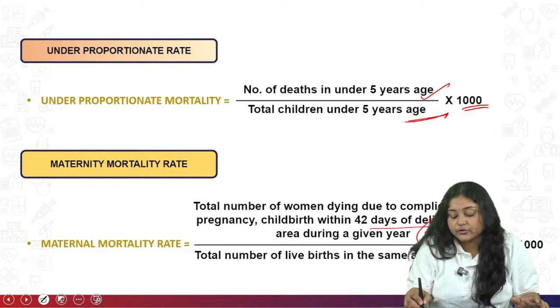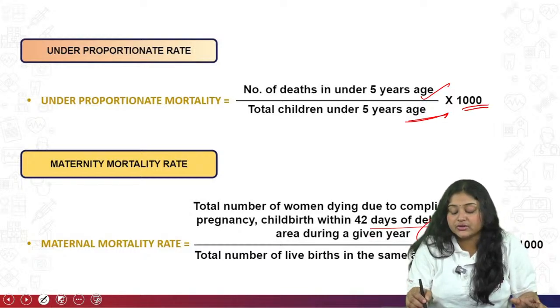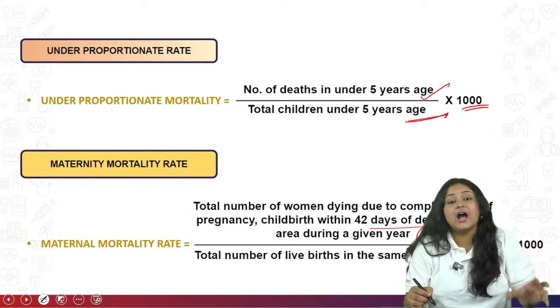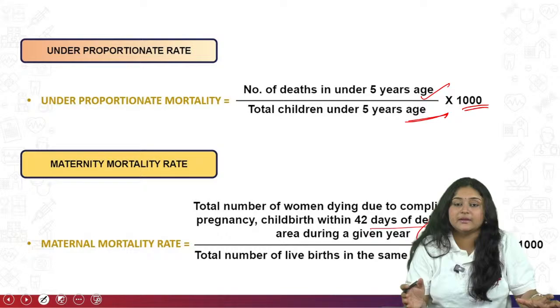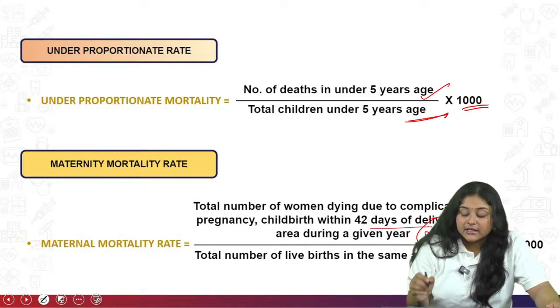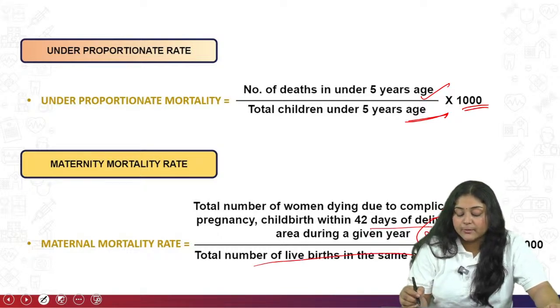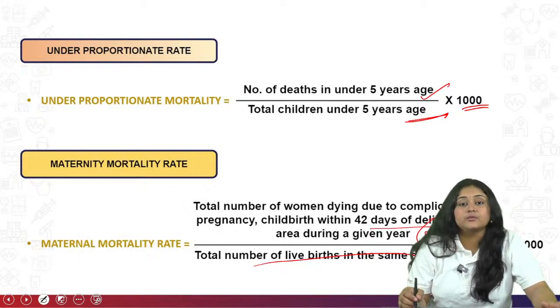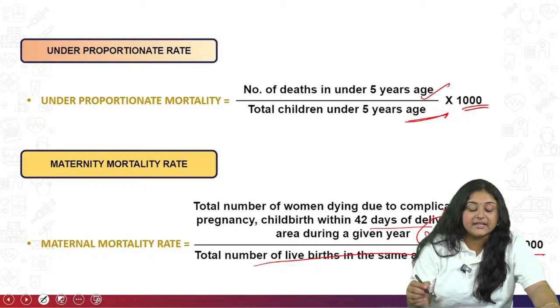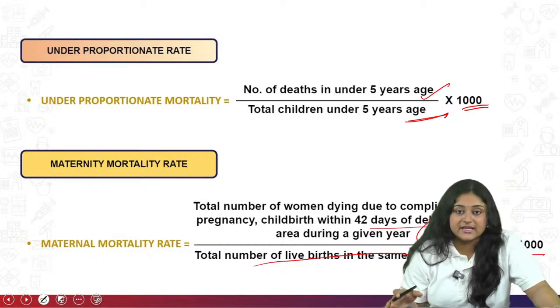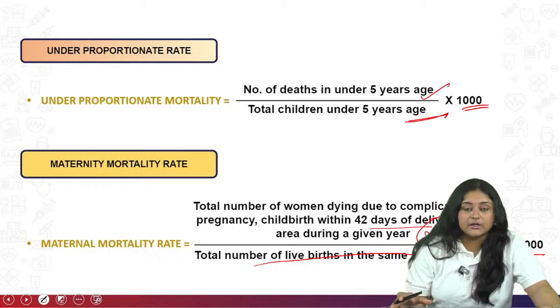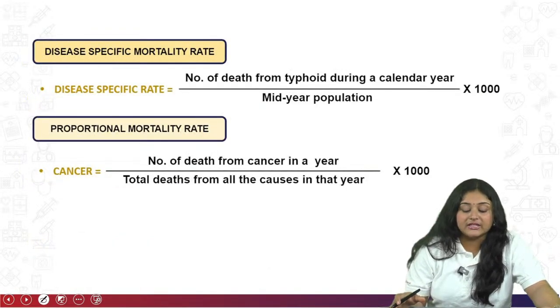So in the year 2023, within 42 days of the delivery period, how many women died from complications regarding pregnancy, childbirth, etc., and that number should be divided by the total number of live births in that same area in the same year, and multiplied by 1000. So that is called maternal mortality rate. Okay, so these all are the vital statistics, or the numerical form, of that particular mortality ratio.